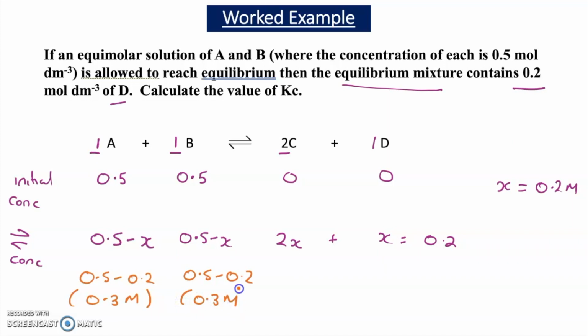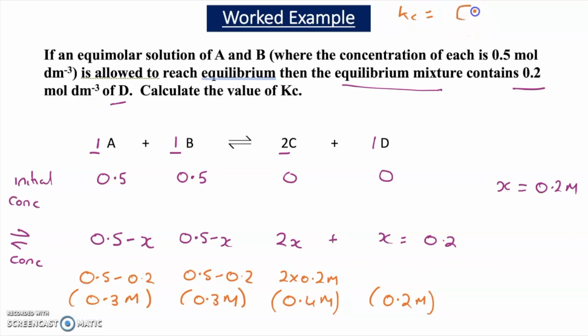For A, I have 0.5 minus 0.2, which is 0.3 moles per decimeter cubed. For B, 0.5 minus 0.2, once again 0.3 moles per decimeter cubed. For C, I just do 2x, which is 2 times 0.2, which is 0.4 moles per decimeter cubed. And the concentration of D has been given to me, 0.2 moles per decimeter cubed.